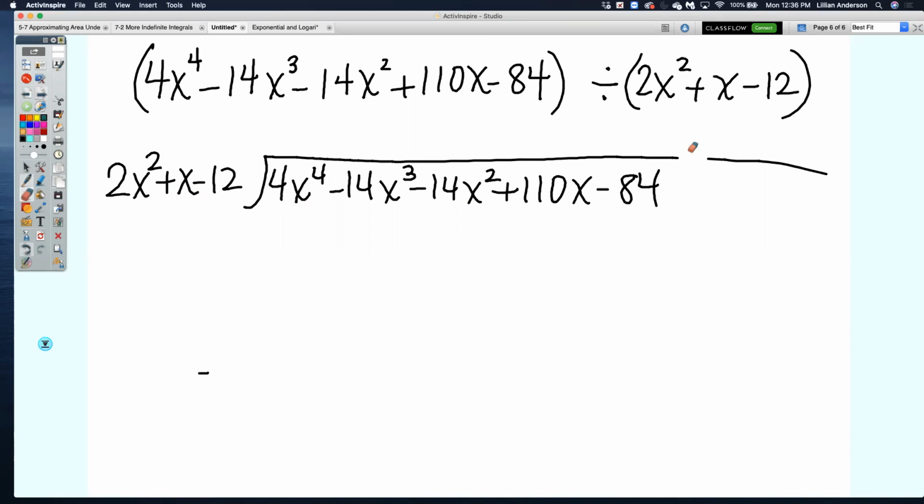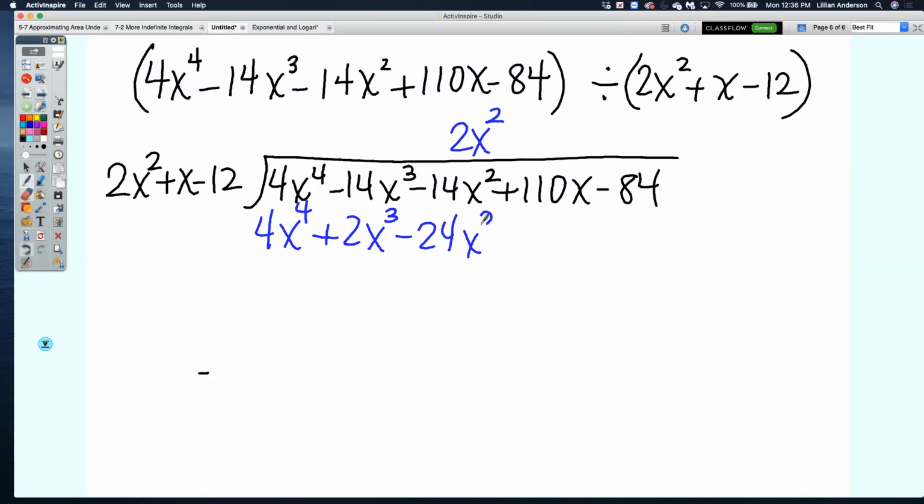Okay. Check in. What times 2x squared gives me 4x to the 4th? 2x squared. I multiply. Yes? Yes. Okay. Change your sign.